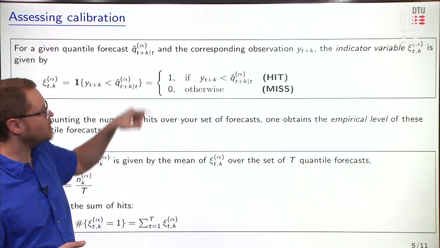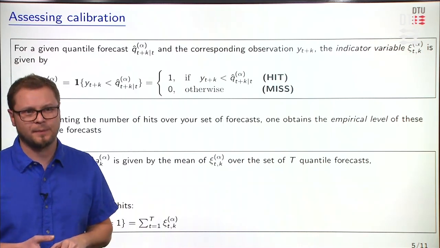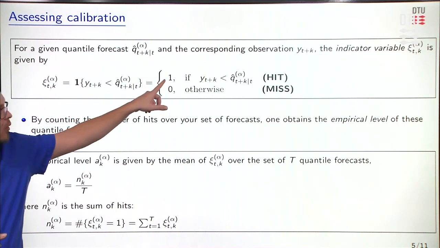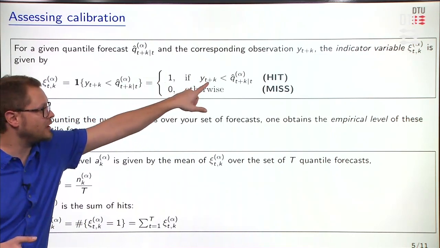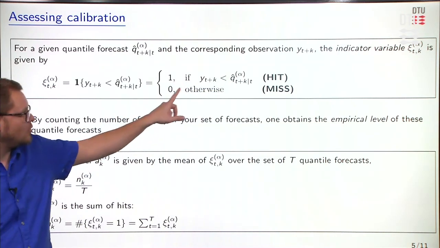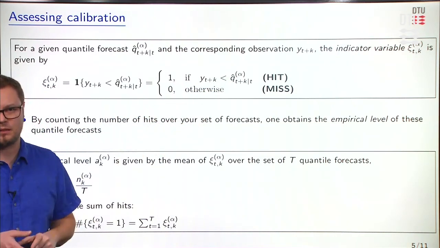Here, this is the corresponding quantile forecast. For this variable, we define that it is equal to 1 if the actual observation is less than the quantile forecast, and that would be a hit, and it's 0 otherwise, and that would be a miss.